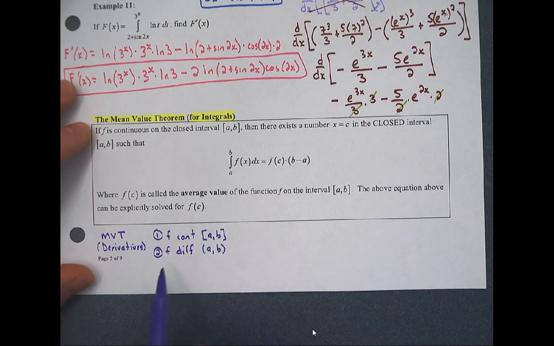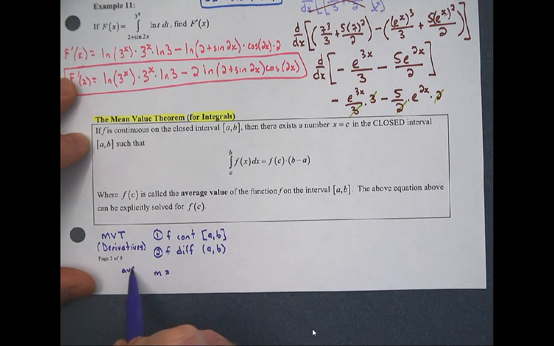And then we would calculate the average rate of change, which would be f of b minus f of a divided by b minus a.